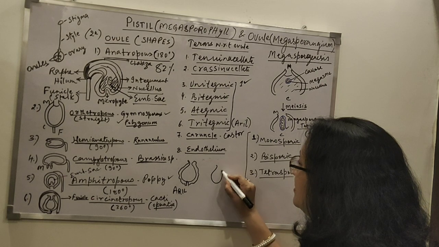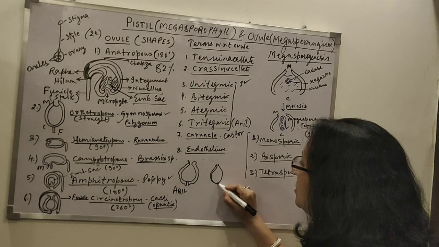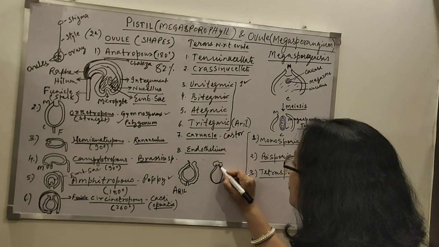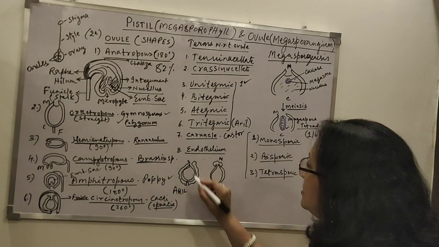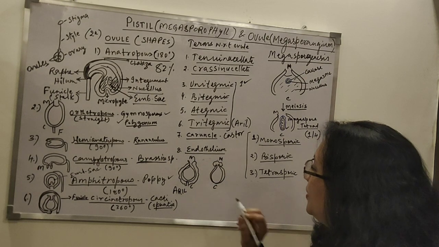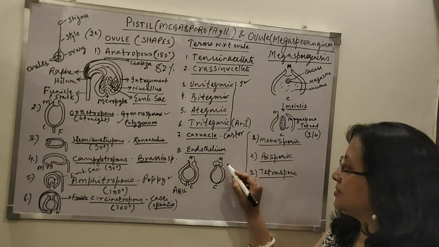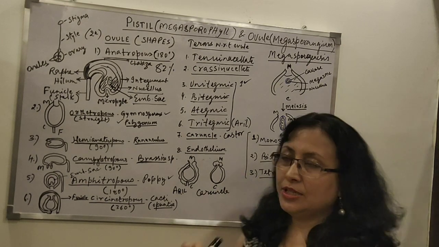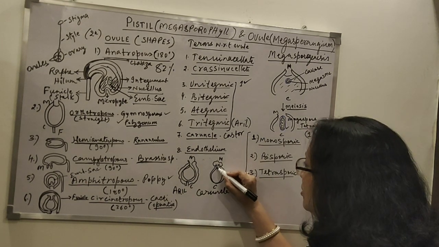What is caruncle? Caruncle is the outgrowth of the integument towards micropyle. This is the micropyle, this is chalaza. So this is caruncle, the outgrowth of the integument towards micropyle of ovule.